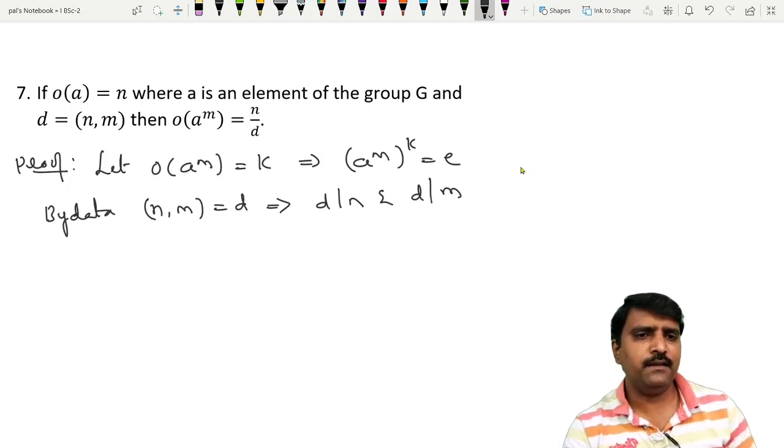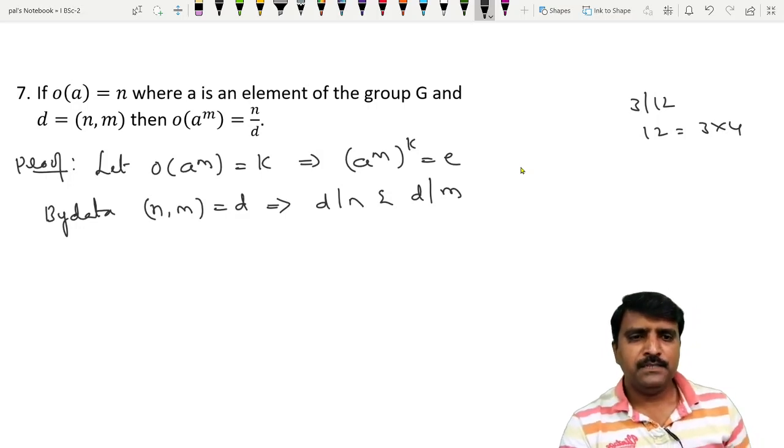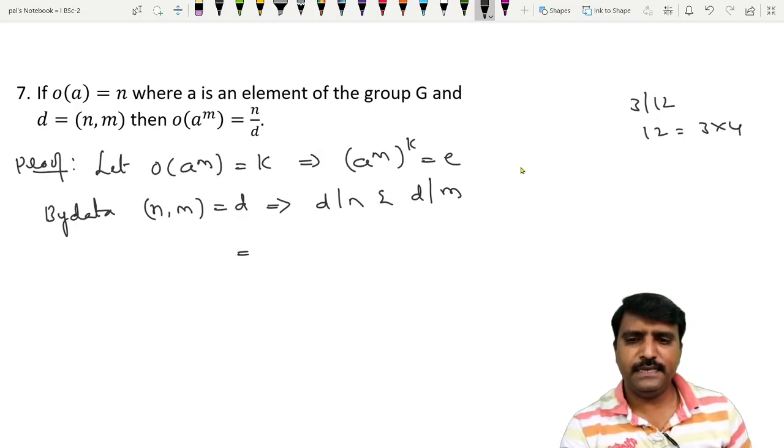For example, 3 divides 12, so 12 can be expressed as a multiple of 3, that is 12 is equal to 3 into 4. Similarly, here n can be written as n is equal to d into some integer q, and m is equal to d into some integer p.